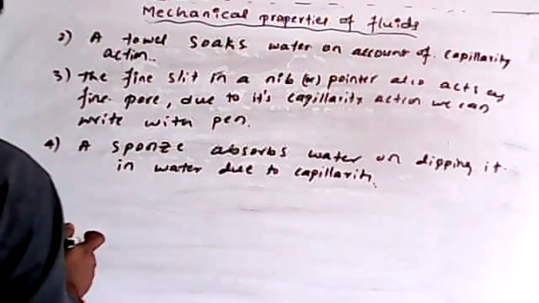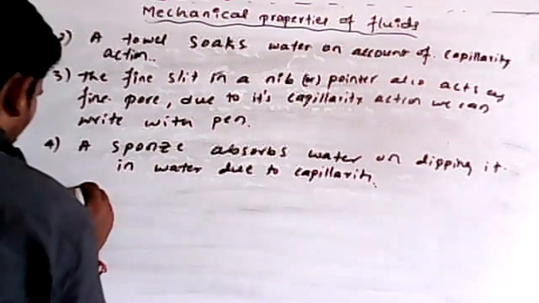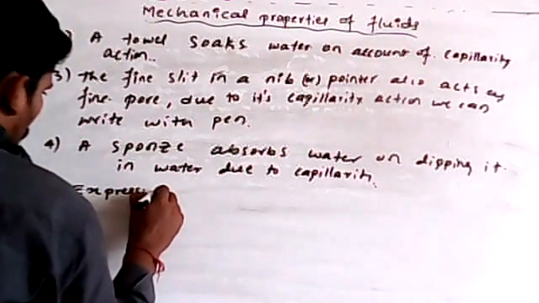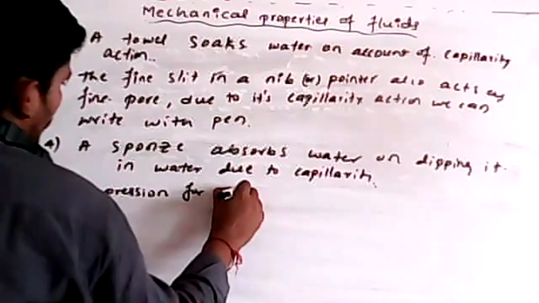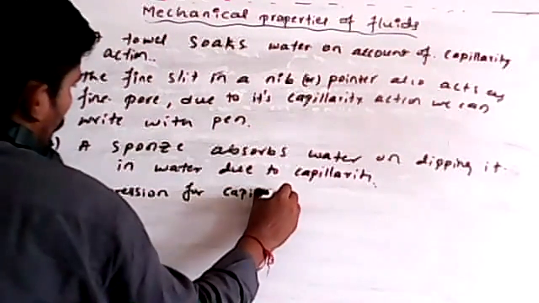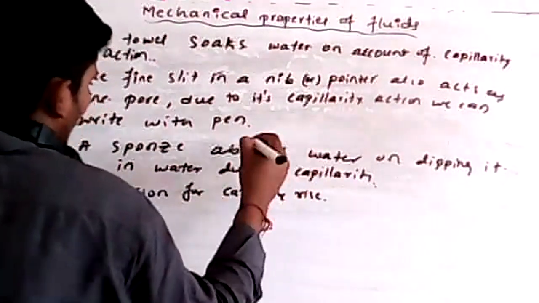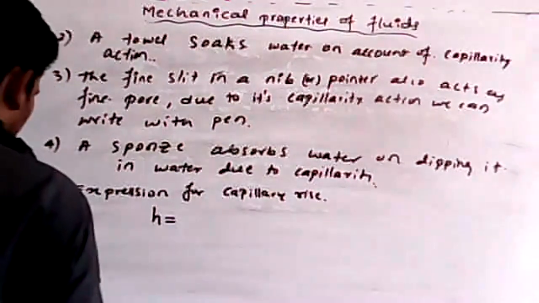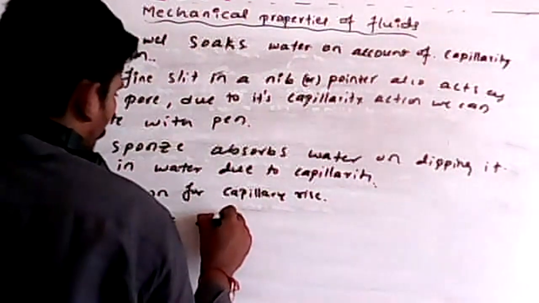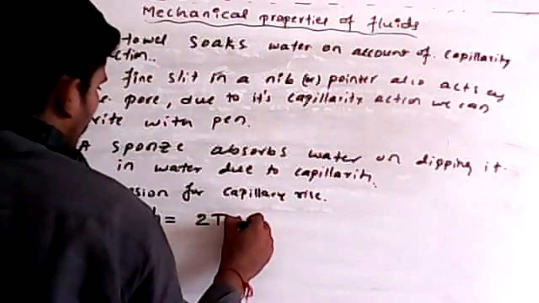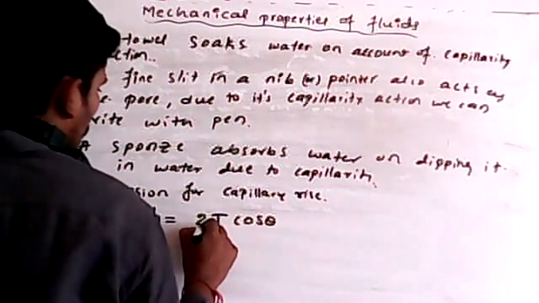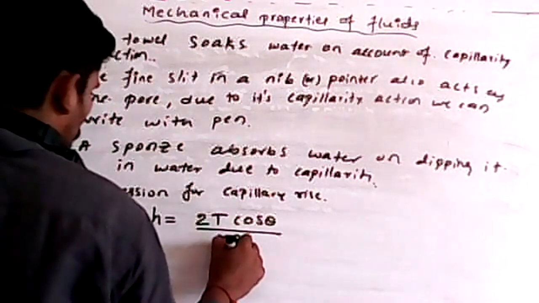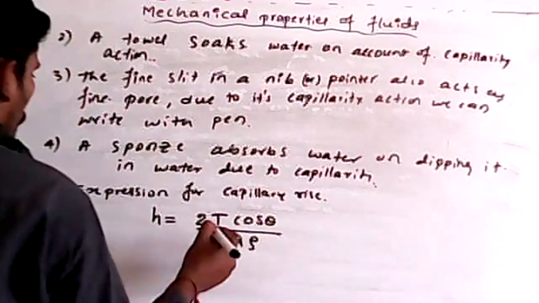Then we will see the expression for capillary rise. What I told you in the diagram, let me write the expression for h. The formula is 2 T cos theta divided by rho r g, or g into rho, whatever.